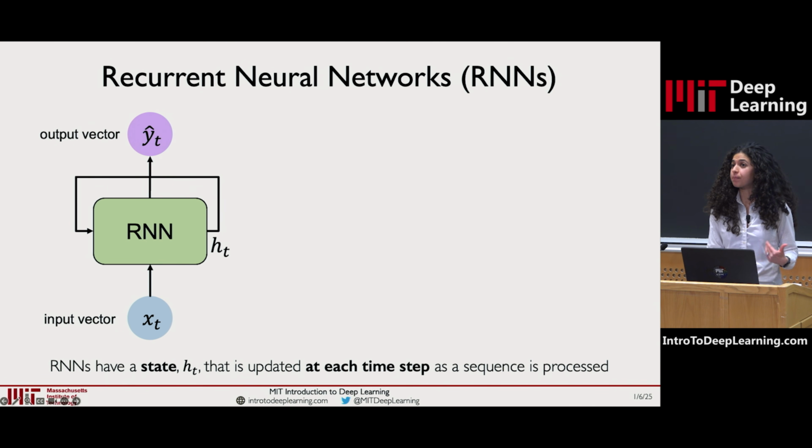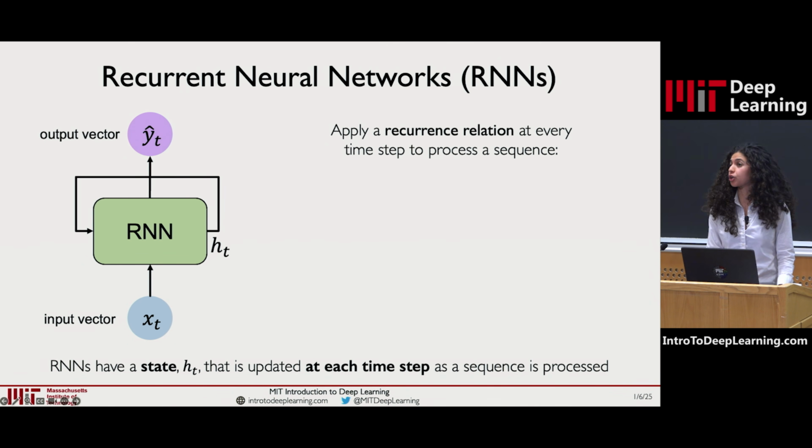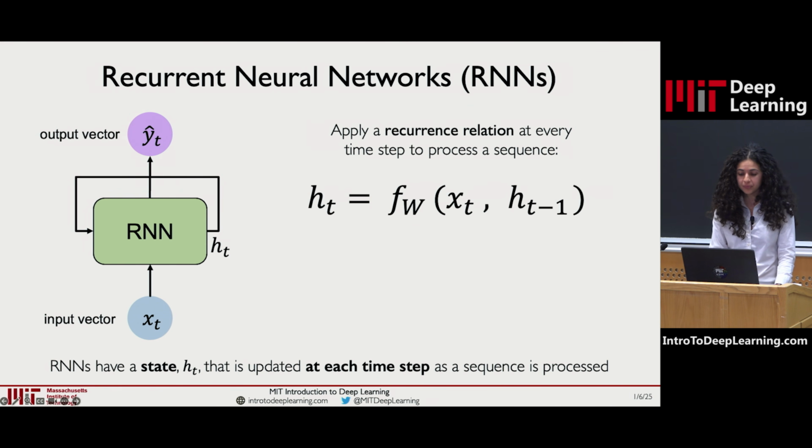We can do this by defining what we call this recurrence relation, right? It's a way to process a sequence time step by time step. And what we want is our internal cell state, h, to be a function of not only the input, but also the prior state, so that there's some notion of memory that's carried through.